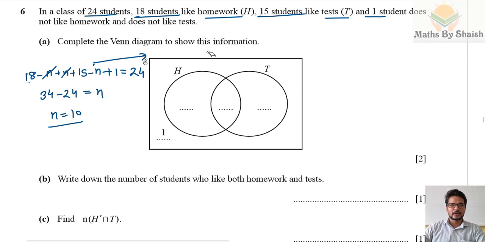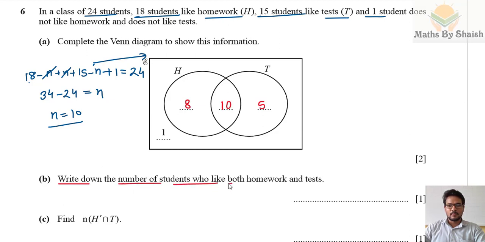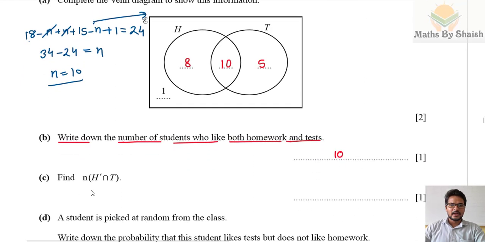So we got here 10, we got here 18 minus 10 because total are 18, and here 15 minus 10, 5. So this is the complete Venn diagram. Write down the number of students who like both homework and test, and that's what we have just calculated, that is 10.